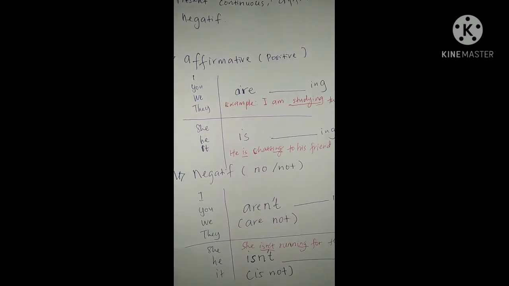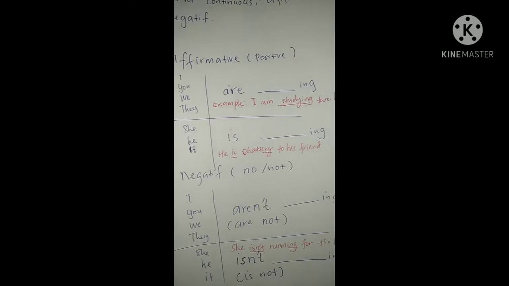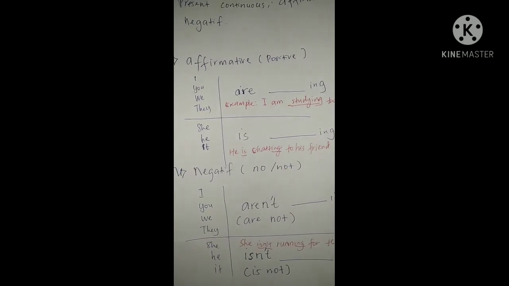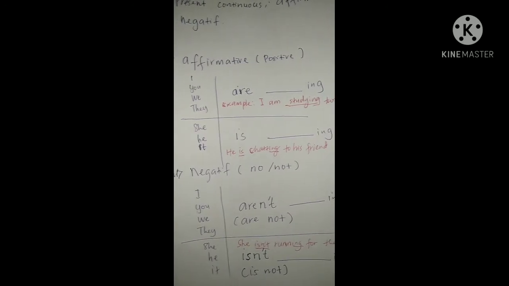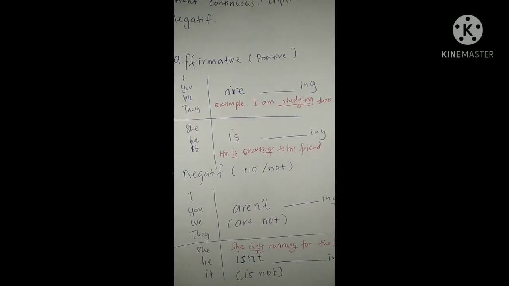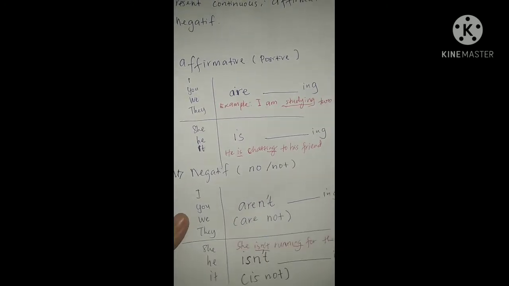Here we don't have negative questions for I, you, we, they. We have one here, but we can make our own sentences.